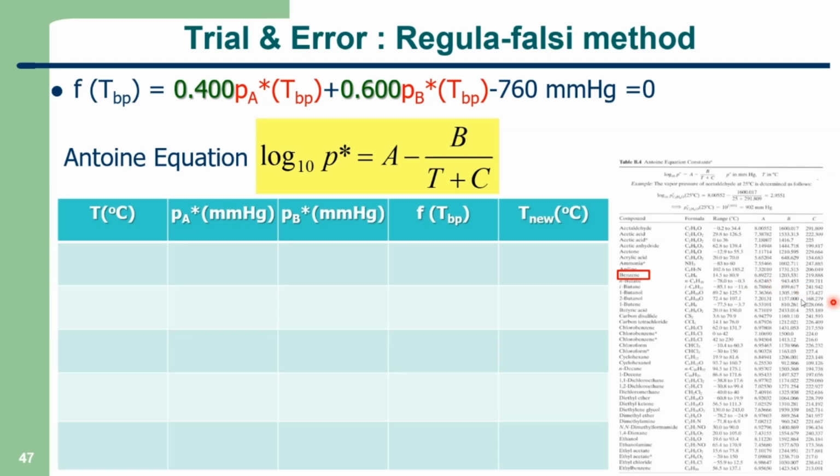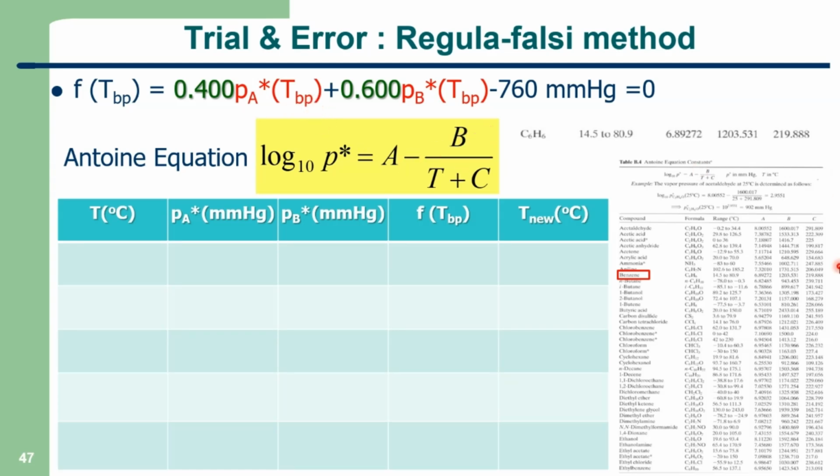Benzene is here, and I make it large. For benzene, the constants A, B, C are applied in the temperature range 14.5 to 80.9. And you can find toluene here, somewhere around here. So you can put toluene or benzene ABC here.